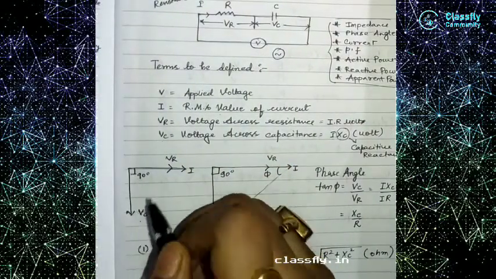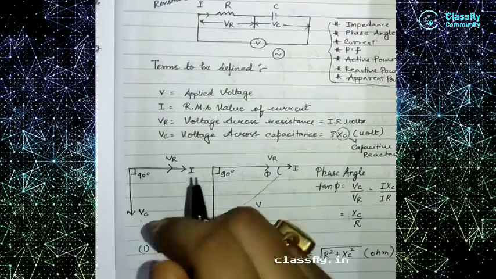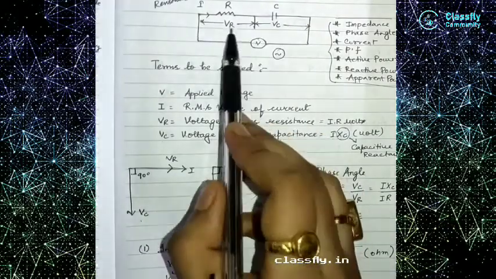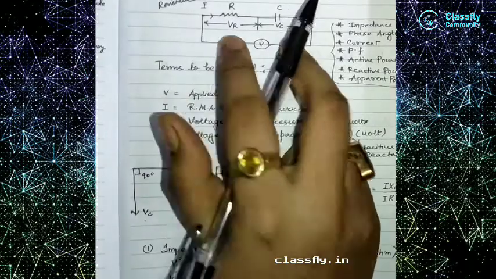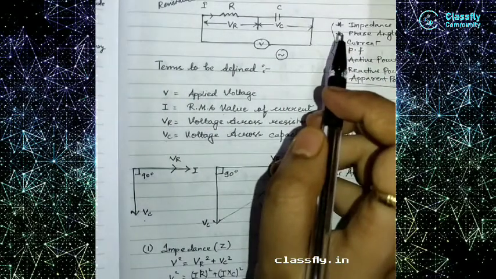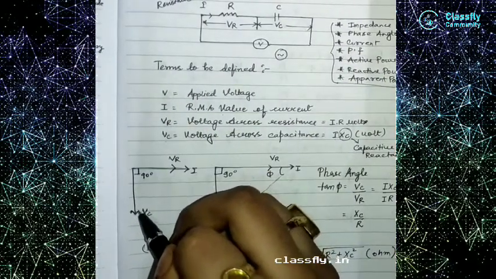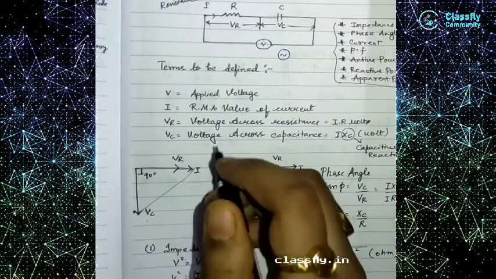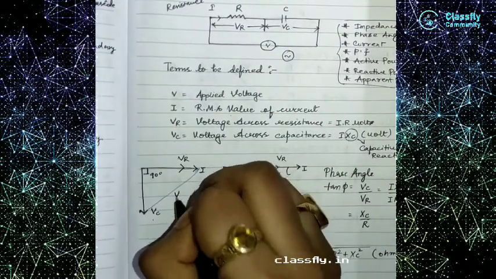Now whenever we add VC and VR, we will get a voltage. So we will draw a straight line like this and we will represent it as V.